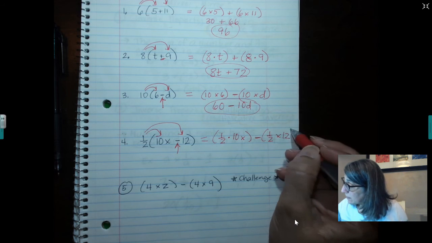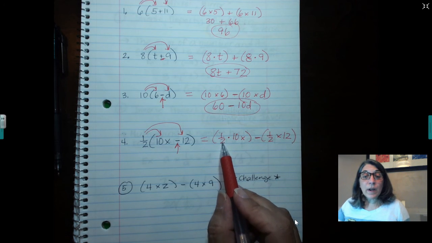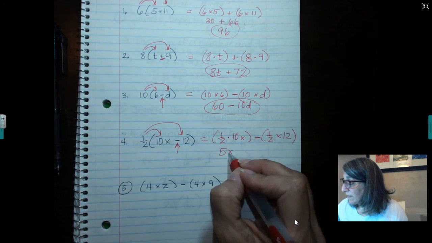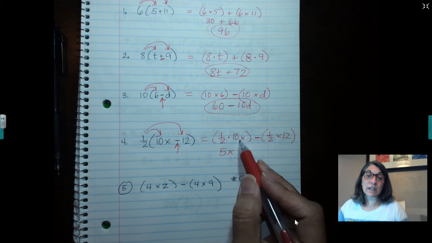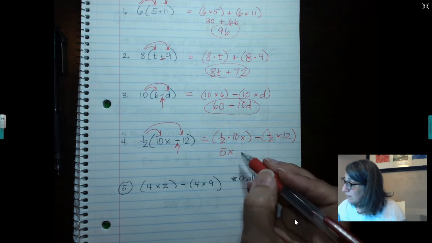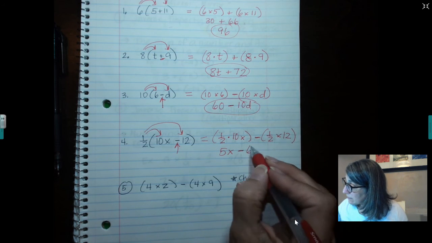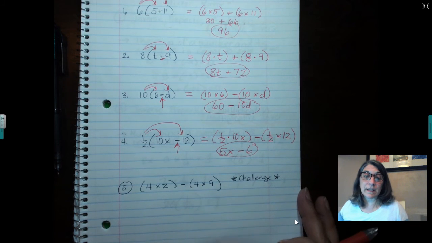Okay, so now when I do 1/2 times 10, that's just 5, isn't it? So this just becomes 5x because the x just sticks with the 10 and we cut the 10 in half, minus, when I cut my 12 in half, I have 6. And there you go, 5x minus 6.